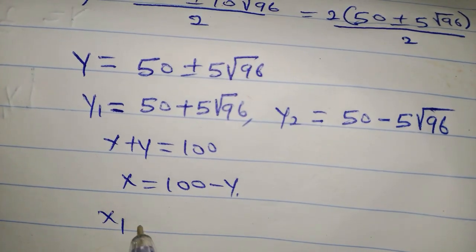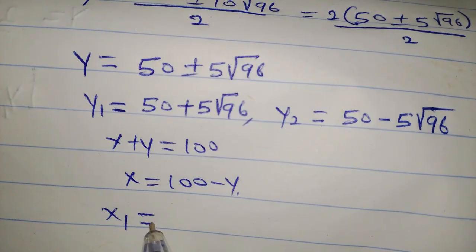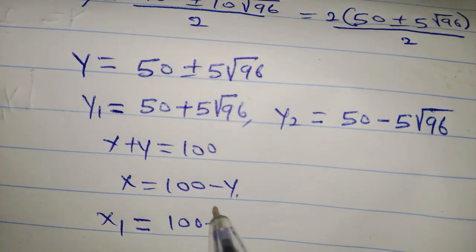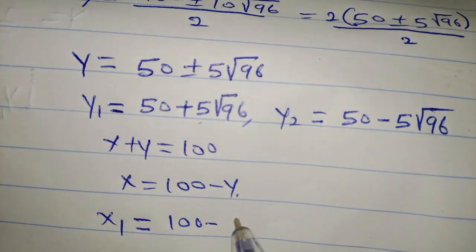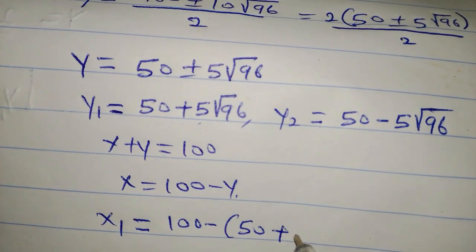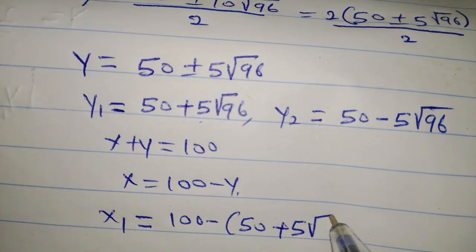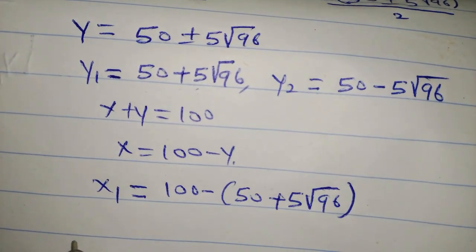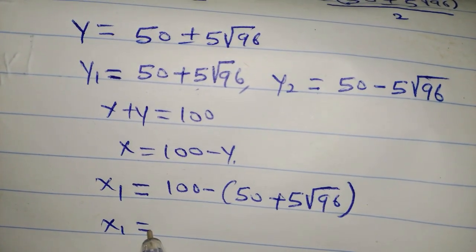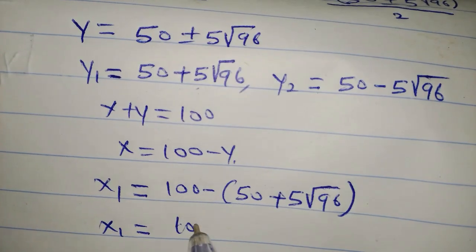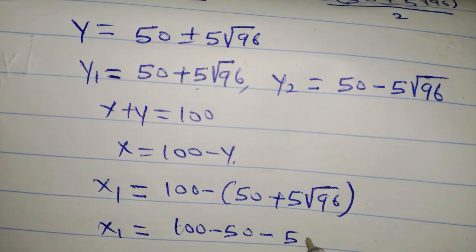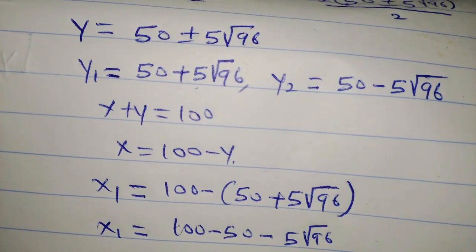So x1 is equal to 100 minus y1, and y1 is this value, open bracket 50 plus 5 root 96 close bracket. So from here we can say our x1 is equal to 100 minus 50 minus 5 root 96.